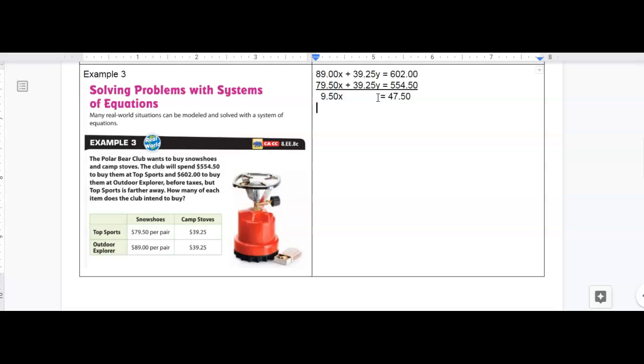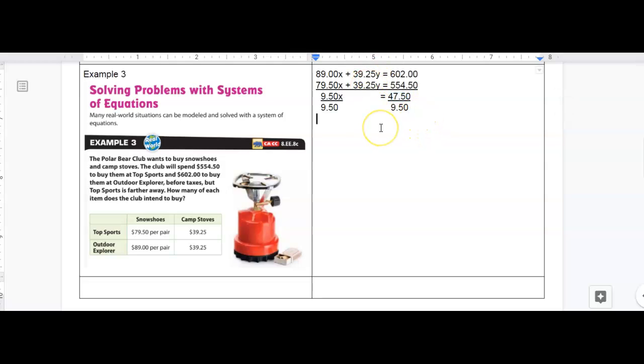47.50. And now I want to get the x alone. So the x is being multiplied by 9.50, so I got to divide both sides by 9.50. Remember that when we divide, we put a little fraction bar, which means that I'm dividing on both sides.